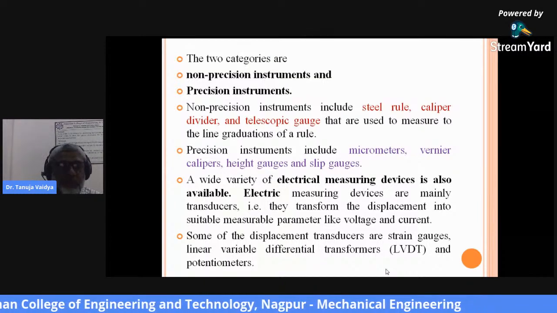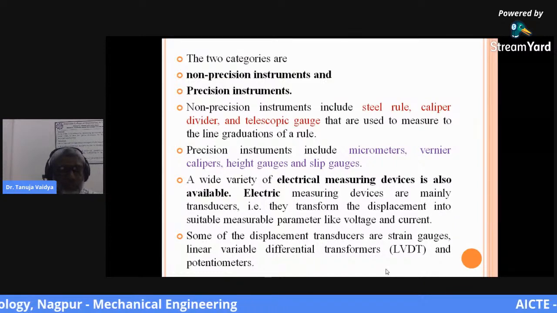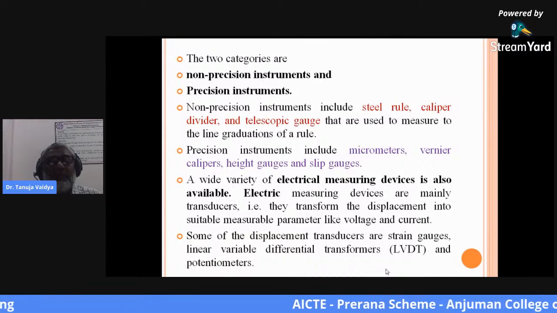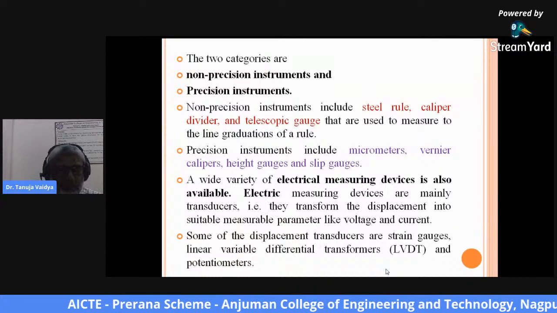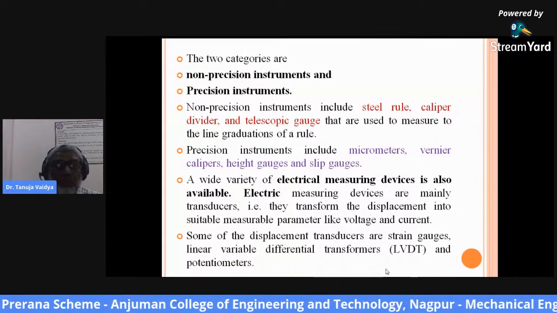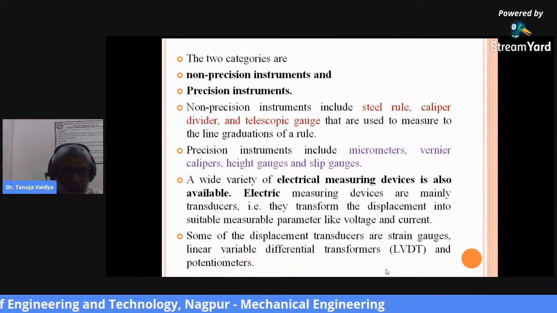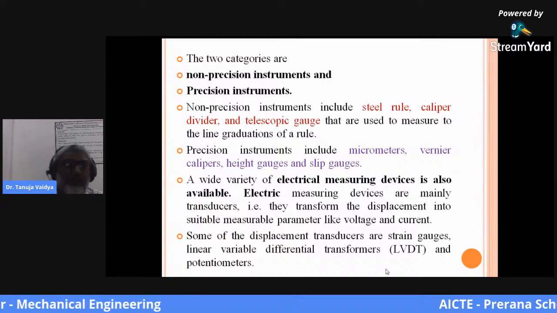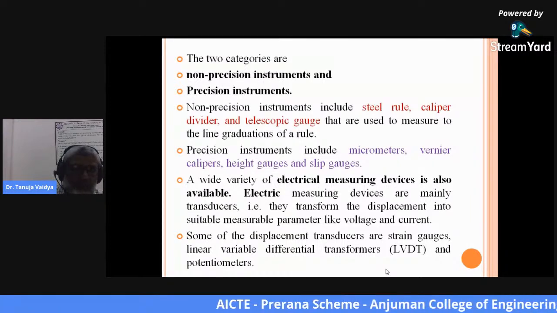Similarly, they are also categorized as direct measuring instruments, indirect measuring instruments, or they can be clubbed as absolute measuring instruments like steel rule, vernier caliper, etc., or comparative type of instruments like dial indicators and optimeters. They are also classified as contact type and non-contact type of instruments.